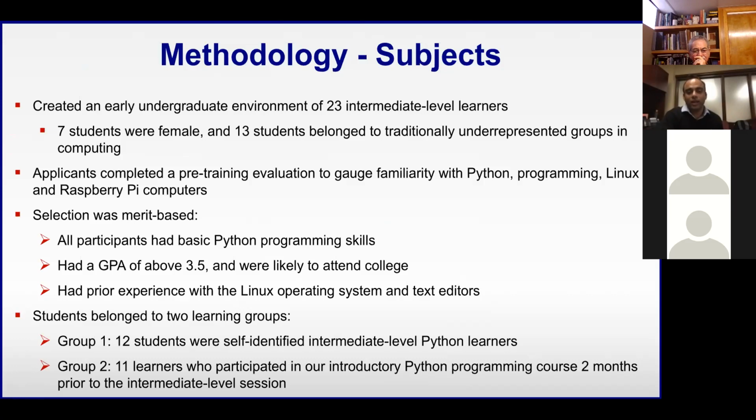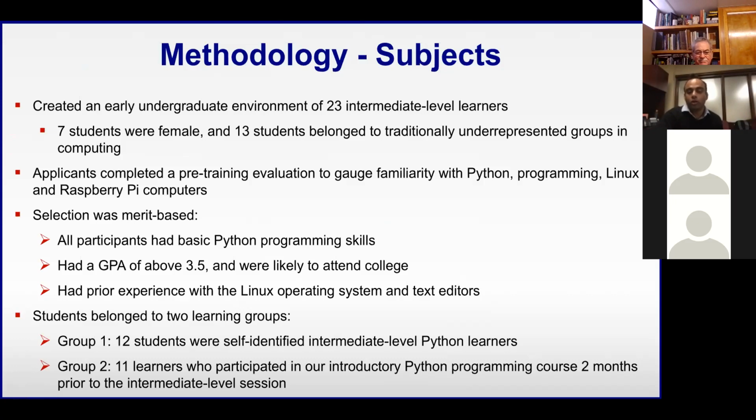All participants had basic Python programming skills, a GPA of 3.5 or more, and were likely to attend college. And because it's the early undergraduate level, our focus was on students who were going to show up in college either that year or the next year. Students were required to have prior experience with the Linux operating system and text editors. So it was a niche group, but for the first year of the study, I thought we did well in attracting the people we wanted to.